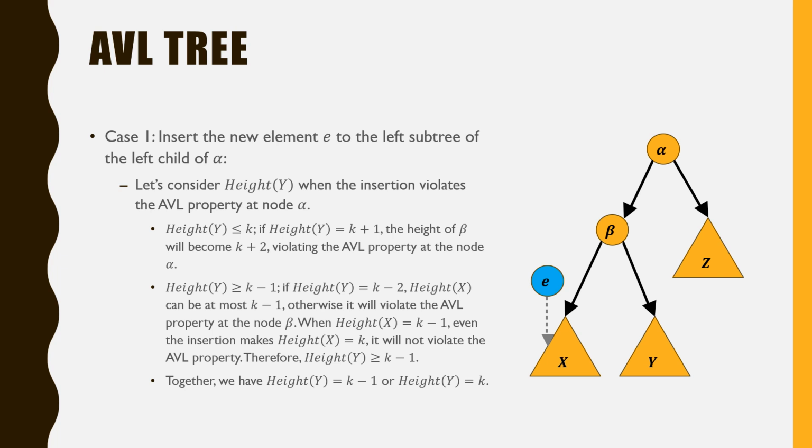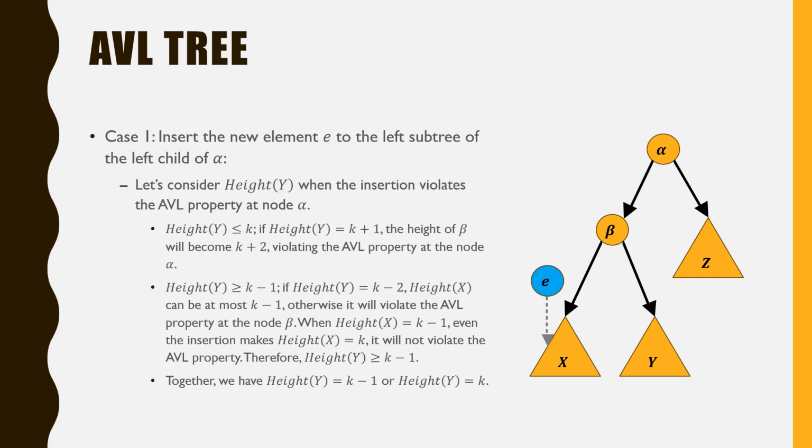Even if the height of x becomes k, the height of alpha's left subtree only increases to k plus 1. Given that the height of alpha's right subtree, z, is k, the difference between the heights of alpha's left and right subtrees will still be 1.